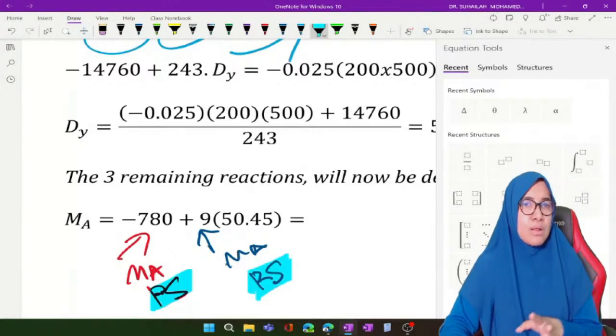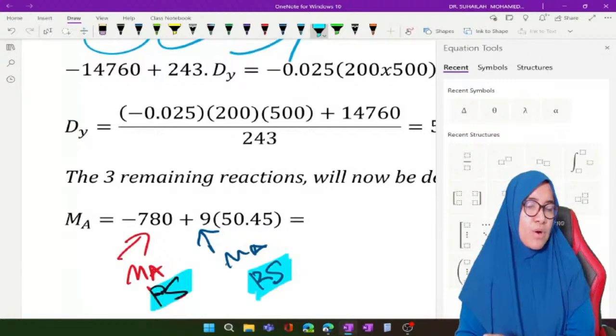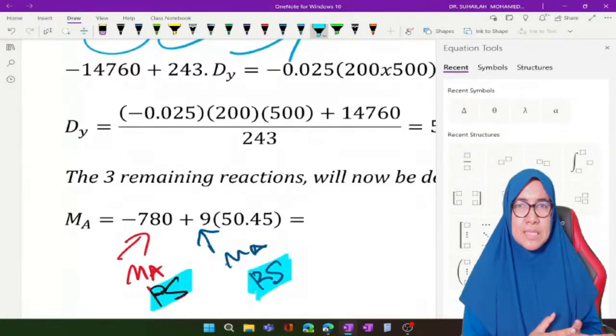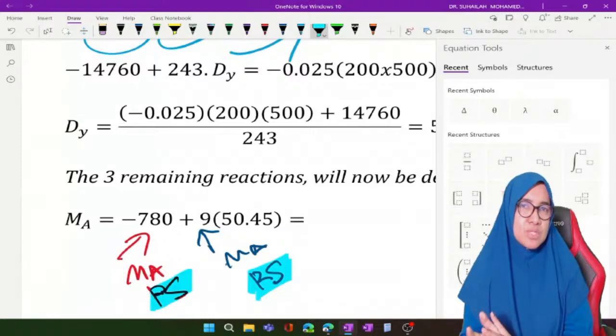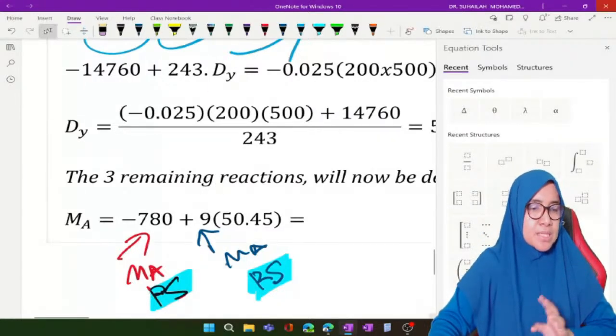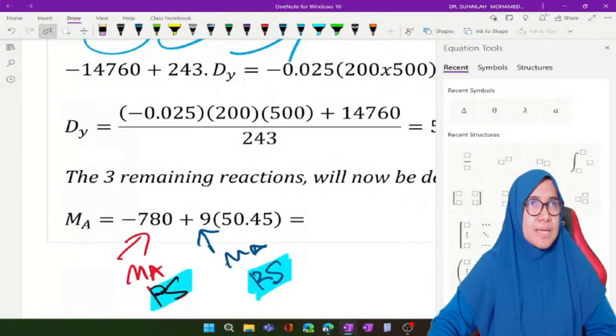Do you all get the same answer for moment at A? This one is using principle of superposition. You can also check by using equilibrium equation. Negative 780 plus 9 times redundant. So what is the answer?